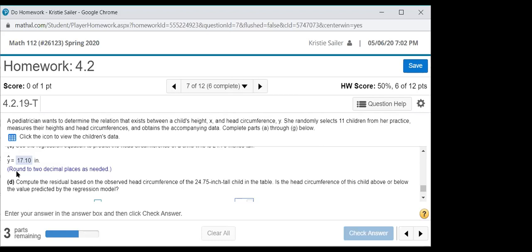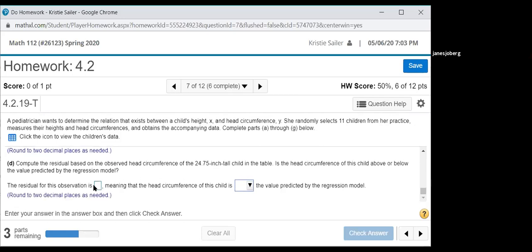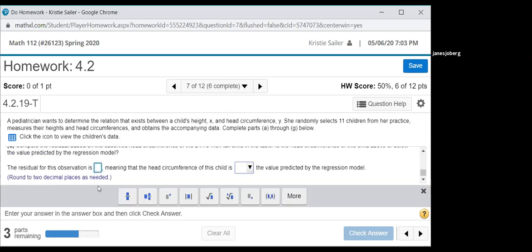Correct. It can be negative, right? Yes, it can. If you get a negative residual, it means that your data value was below the predicted value. So I would say the residual for this child is negative 0.08, meaning that the head circumference of this child is below the predicted value.